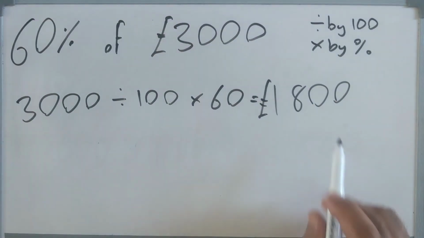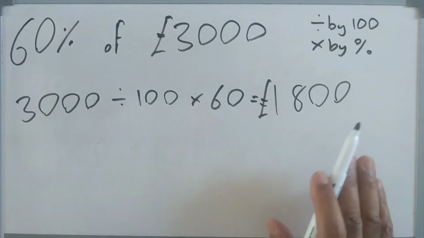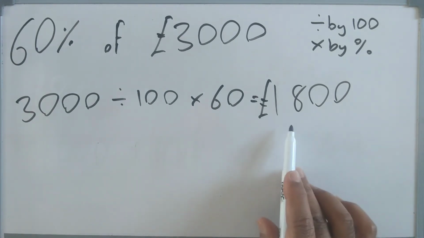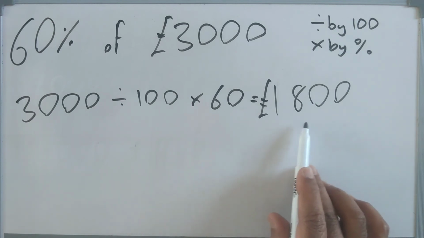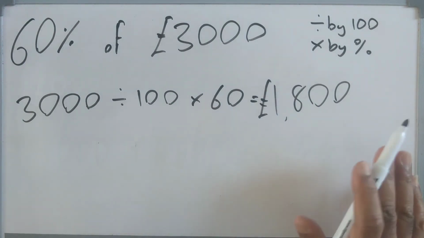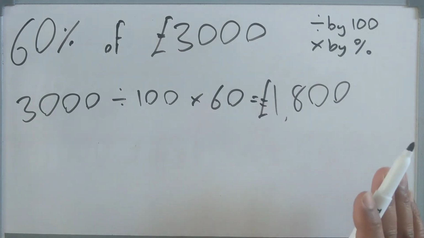Okay, so that's the decrease in the profit. So if the question asked us how much is the profit decreased by, we would stop here. The profit has decreased by £1,800 per month.